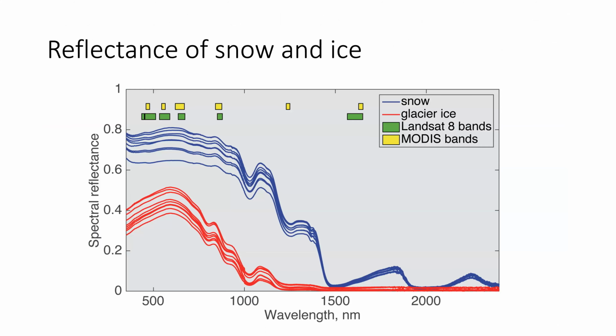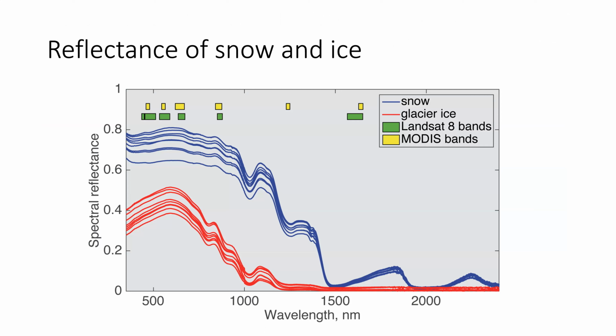This graph shows the spectral reflectance of both snow and ice. The snow is plotted in blue and the ice in red. The spectral and broadband reflectance are lower for the glacier ice, even though the snow is dirty. The result from ModScag is that we see a higher grain size for ice than snow. I'm sorry, that's a higher grain size for snow than ice.